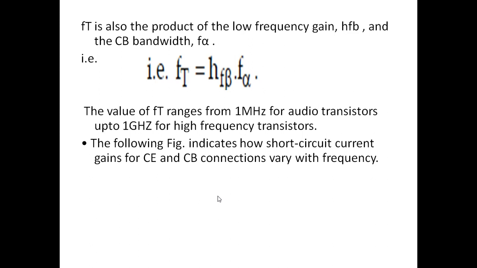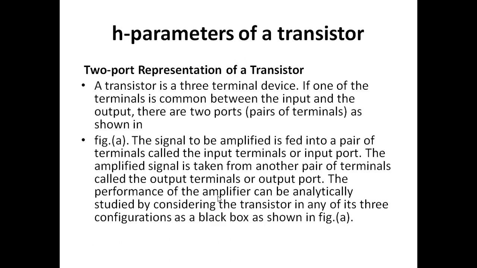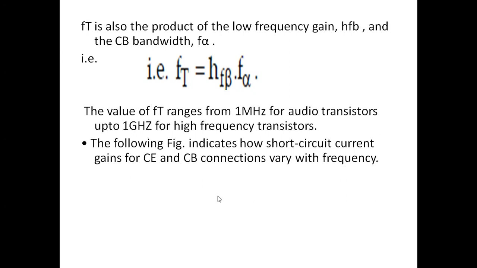The value of Ft ranges from 1 MHz for audio transistors up to 1 GHz for high frequency transistors. The figure in the previous slide indicates how short circuit current gains for CE and CB connections vary with frequency.